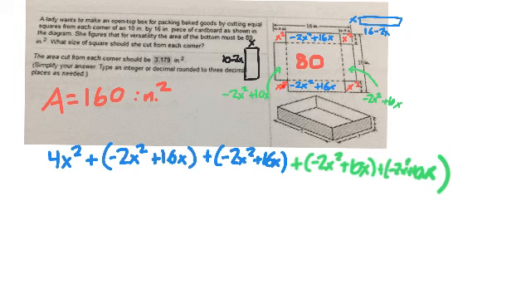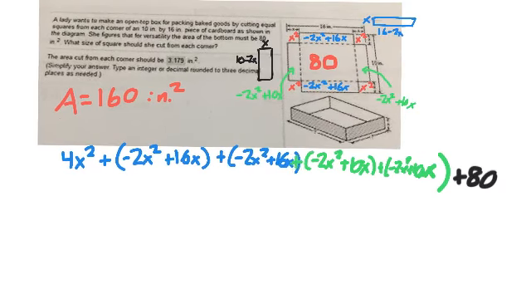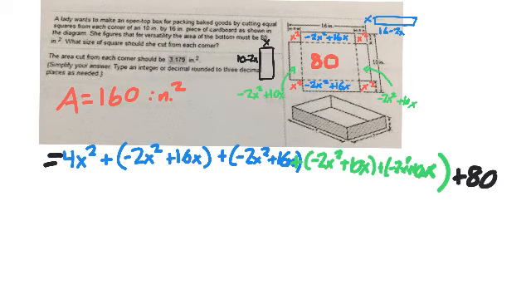Okay, so I've got 1, 2, 3, 4, 5, 6, 7, 8. And then the ninth piece is that center, which we know is 80. And I know if I add all that together, I should get 160. So I'm going to set that equal to 160. And now we're going to group our like terms. Okay, so 4x squared minus 2x squared minus 2x squared, that all cancels.